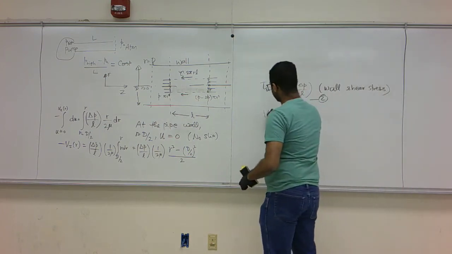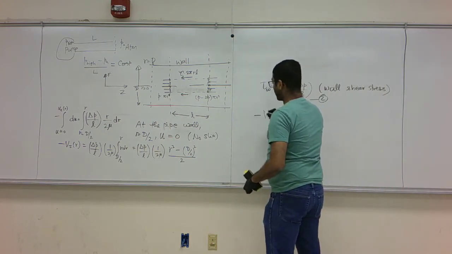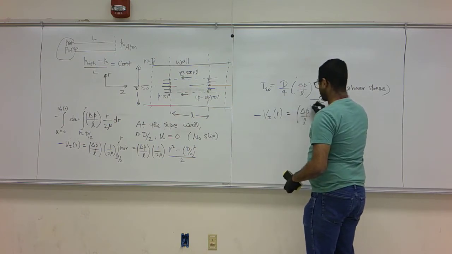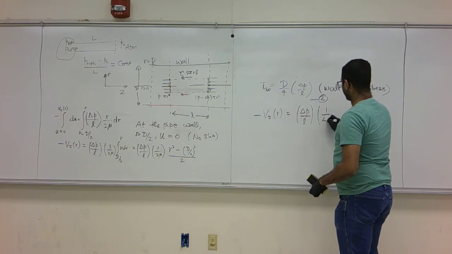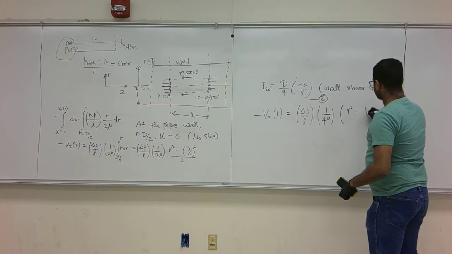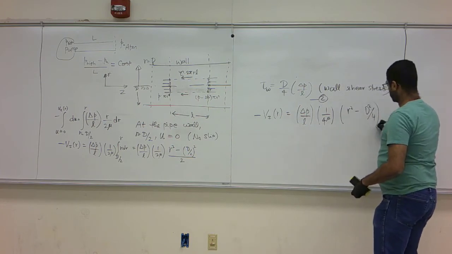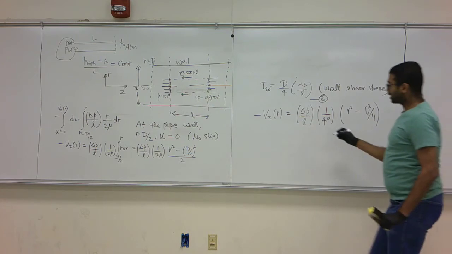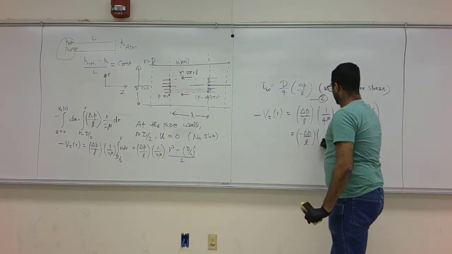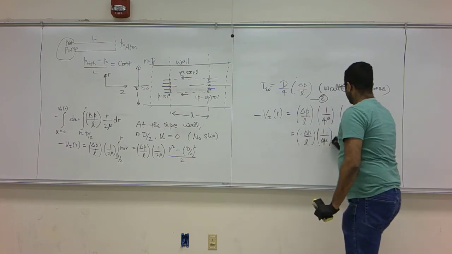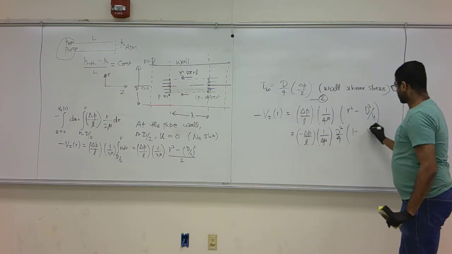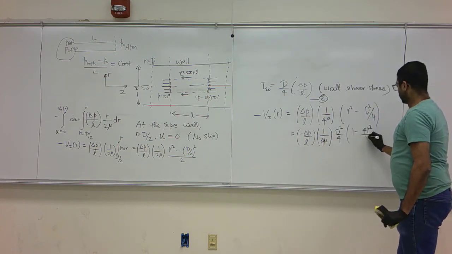So I have Vz of r with a negative sign equals delta P over L times 1 over 4 mu times r squared minus d squared over 4, which I'll rewrite as minus delta P over L times 1 over 4 mu times d squared over 4 times 1 minus r squared over d squared.